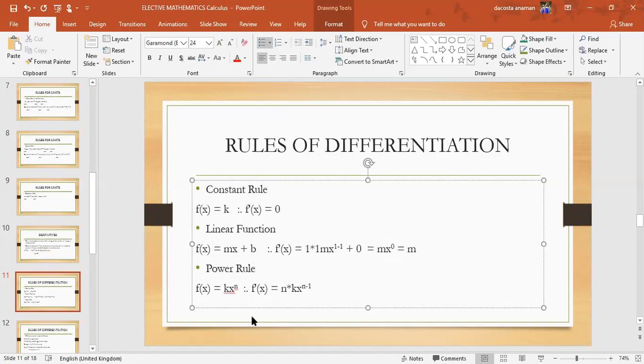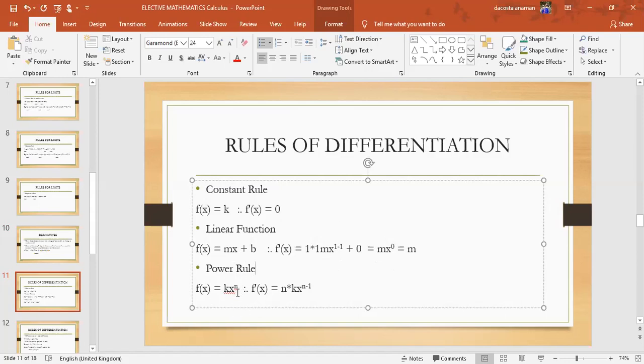Then we talked about the power rule, when there is a power. In this instance, there was no power. It was a linear function, but there was an invisible power 1. That's why we call it a linear function. Now, when there is a power, maybe 3, 4, 5, or 6, you get kx raised to the power n, which is the original function.